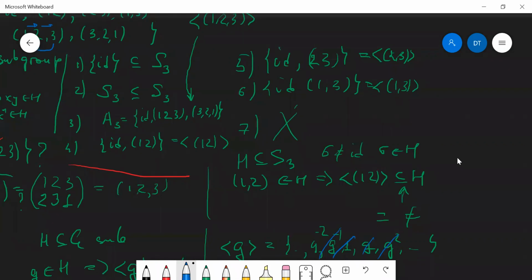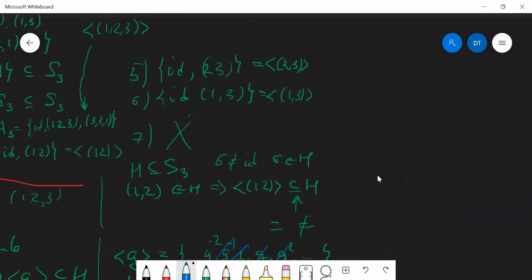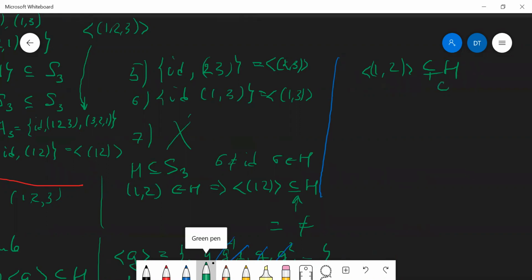Okay, so now we're in a position where we have, for example, this case. We have this subgroup generated by (1 2) in H, but also this is a strict inclusion. So there is at least one new element. And there are several options, it's either these elements or these elements or the other elements. So now we should show that if at least one of the other elements is in H, then H is equal to the whole group S3.